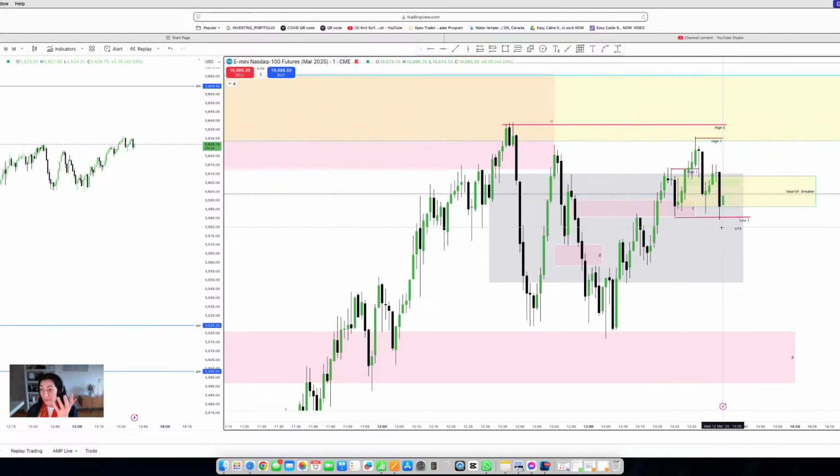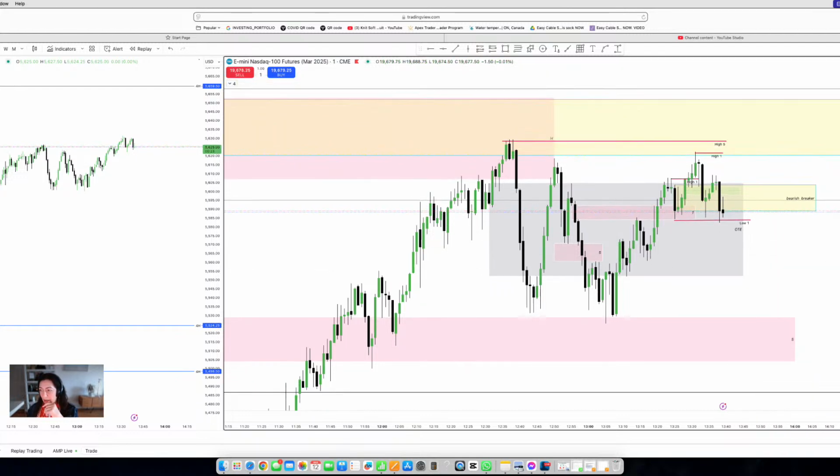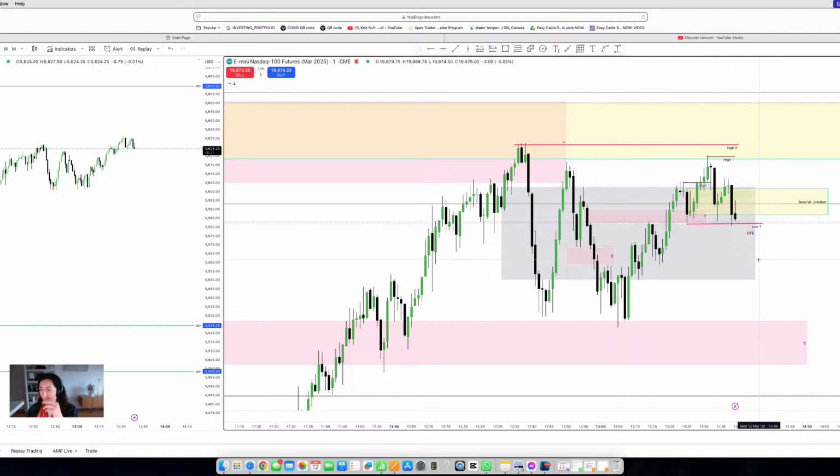I want to see a full body closure, and it hasn't done that yet. So even though I've put this bearish breaker block on here in anticipation, it hasn't satisfied what I would be wanting to see. I want to see this candle close below this low. And I'll just throw my little things on here to show you.